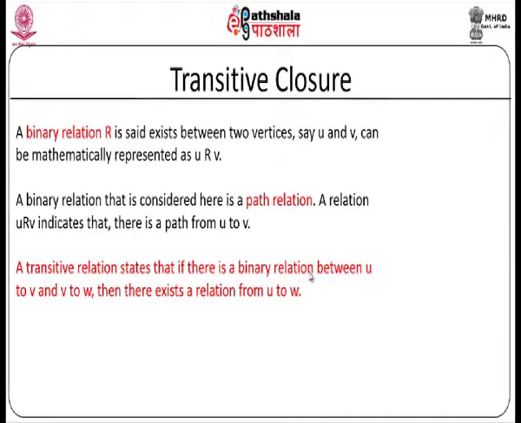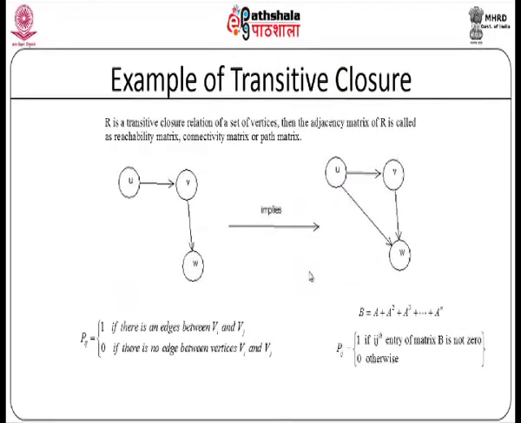That is, if there is a binary relation between two vertices u and v, and if there is a binary relation between v and w, then there exists a relation between u and w. This kind of relation is what we are calling the transitive relation. This is what is graphically illustrated in this particular slide.